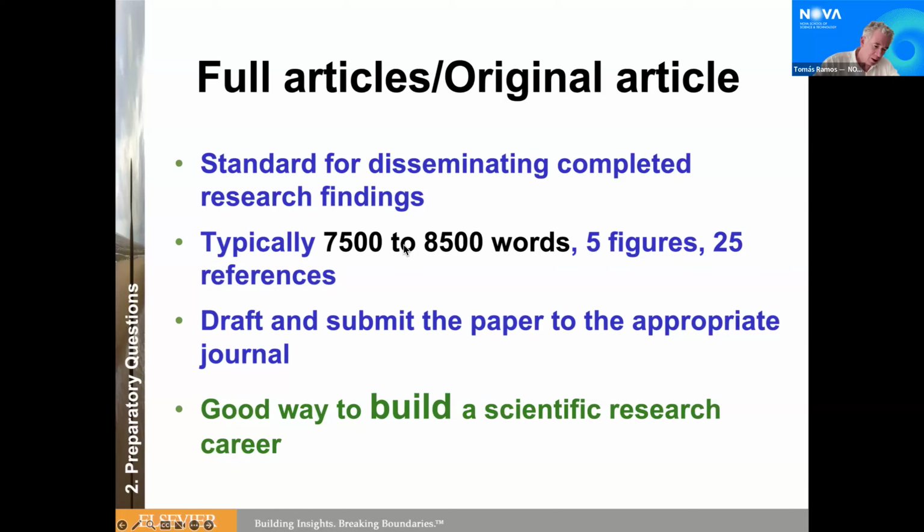When you finish a phase of your PhD, or part of a project, when the findings you have in hand are consolidated, you should try to publish a full article or an original research article.